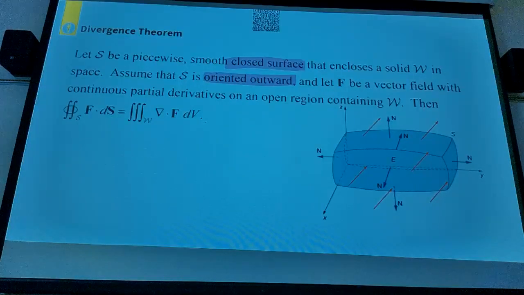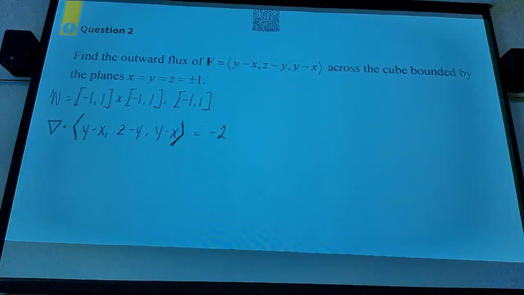Again, you can make a slight change to this if it's inward pointing. We have outward pointing, so that's nice. We can use divergence theorem.